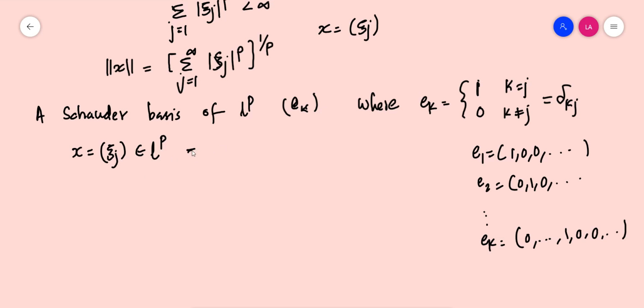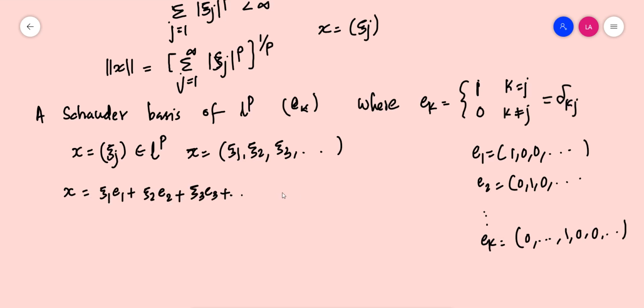So x is the sequence theta 1, theta 2, theta 3, etc., which can be written as x equal to theta 1 E1 plus theta 2 E2 plus theta 3 E3 plus etc., which is equal to the summation j equal to 1 to infinity theta j Ej. This is clear from the definition of E1, E2, etc.